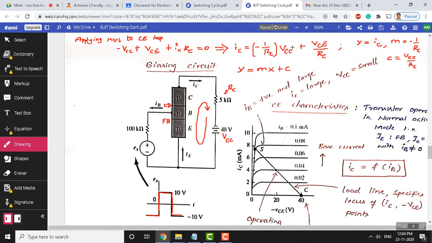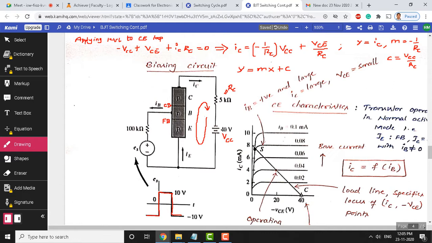So, this is a straight line. Now, to draw this line on this characteristic, we need 2 points, which you can see already identified here: one is the C point, the other one is the S point. How do we obtain this C and S point using this equation?